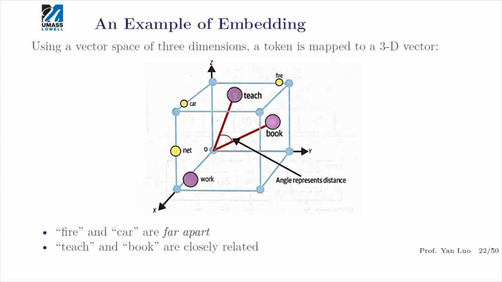One of these hundred dimensions may be, let's say, that teachers use books and students use notepads. Then it may happen that if you travel from teacher to book, and student to notepad, you travel along the same dimension.